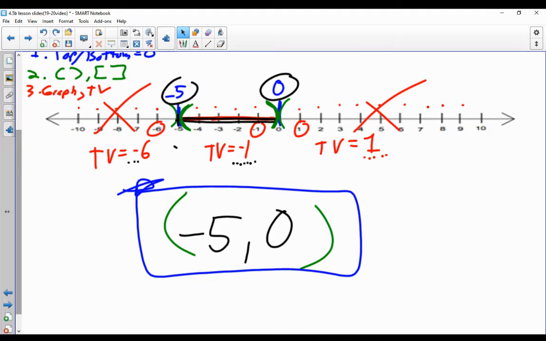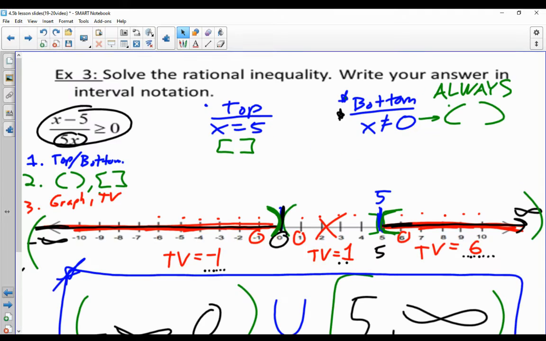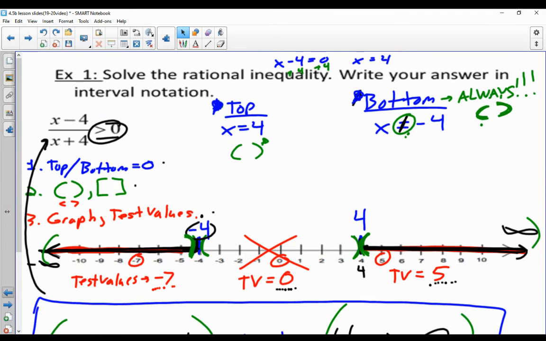Now, I do want to point something out. You probably noticed by now that for our answers, they always seem to alternate. So like at the first one, remember, look at the shading. We got true, and then false, and then true. Not once did we get 2 trues at the same time.